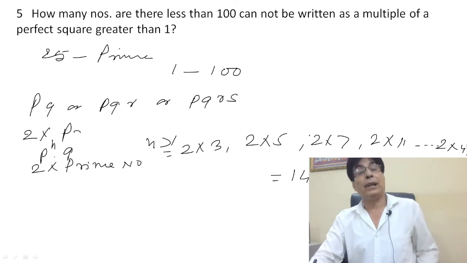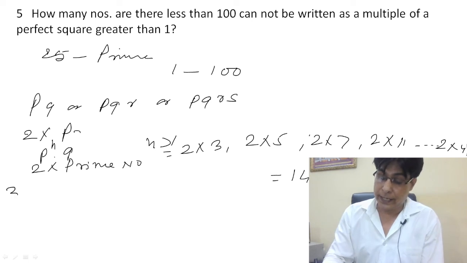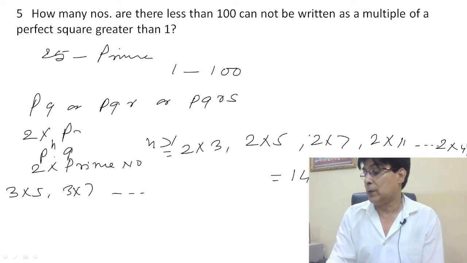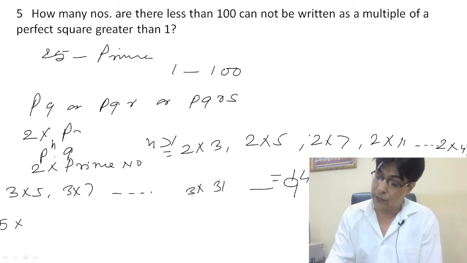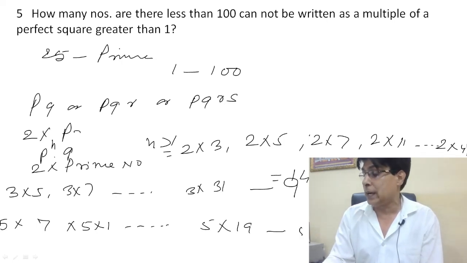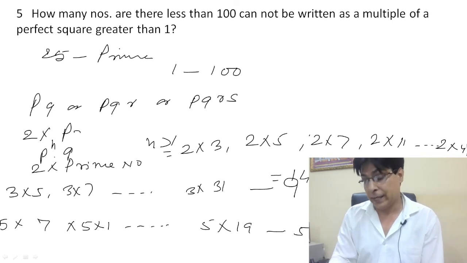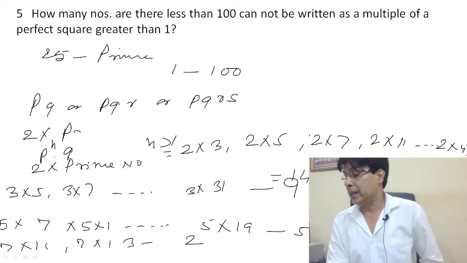So that 3 into 5, 3 into 7 up to 3 into 31, total 9 numbers. Now 5 into 7, 5 into 11 up to 5 into 19, total 5 numbers. Then comes 7 into 11, 7 into 13, total 2 numbers. In case of 11 there is no number.